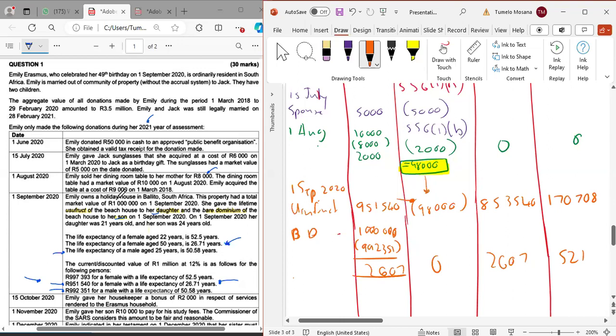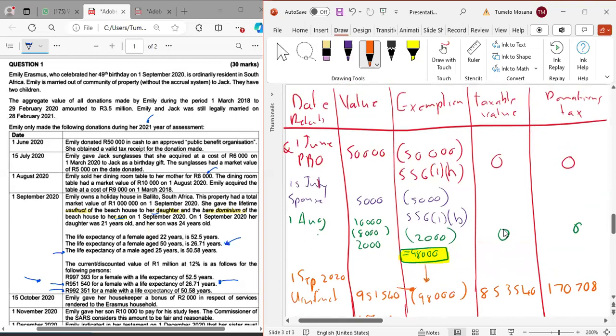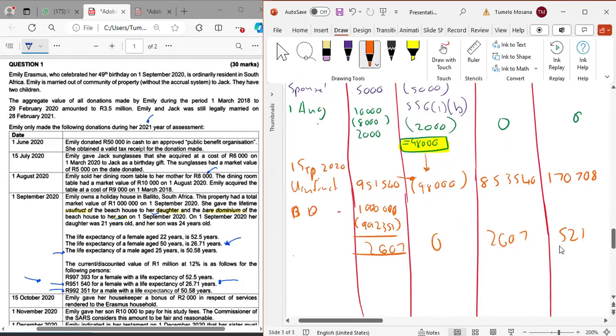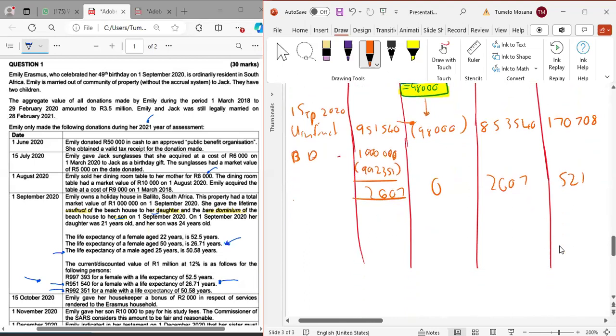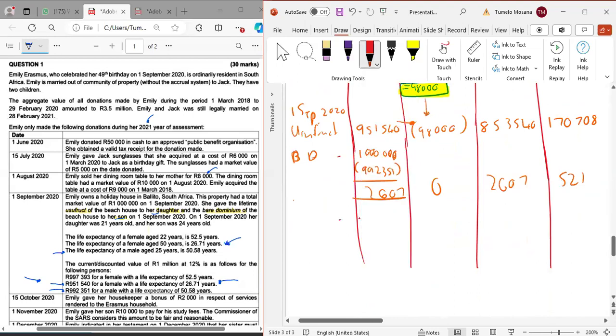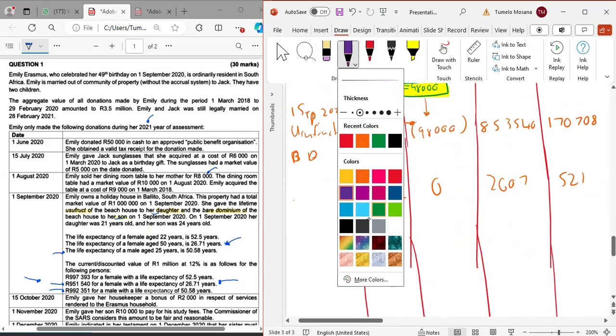If they're giving it to us, what are we supposed to calculate? You're just supposed to know the exemptions. Basically, they are testing donations tax. Donations tax tests the exemptions, whether you know them. It might look easy, but not everyone can do it. As easy as it is, they still have to test it.